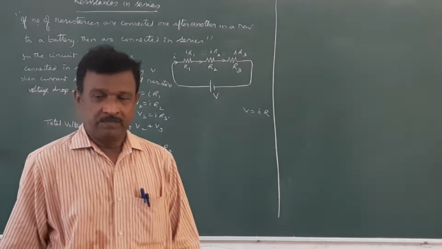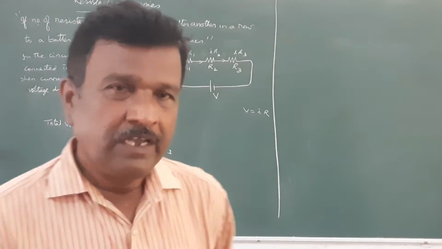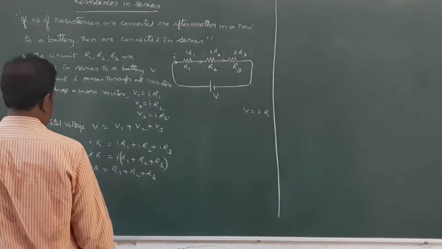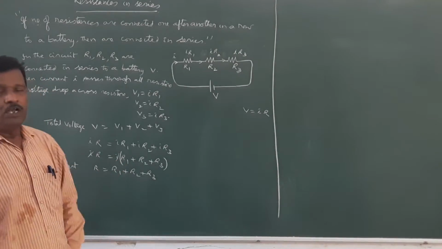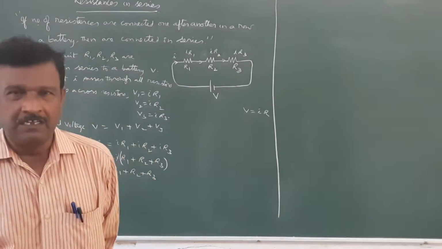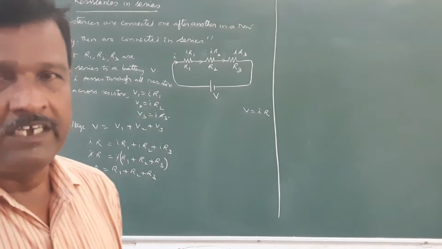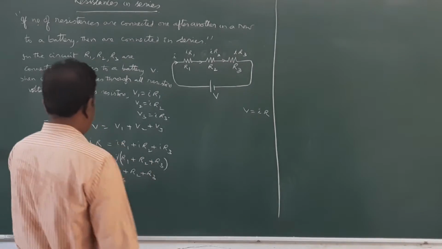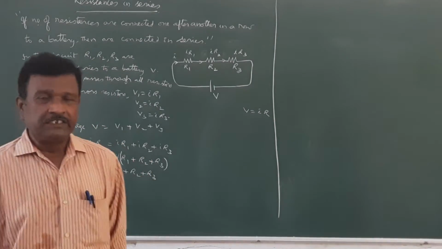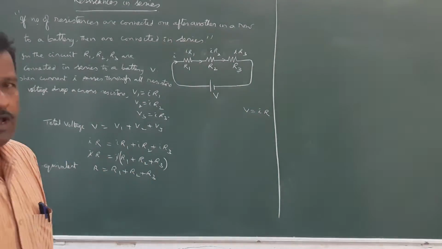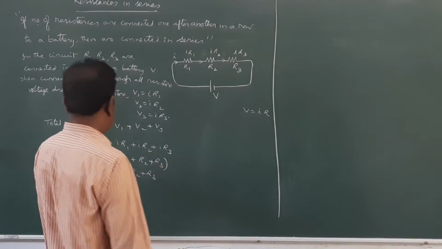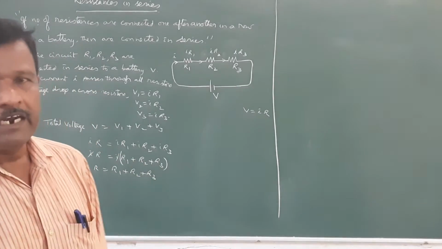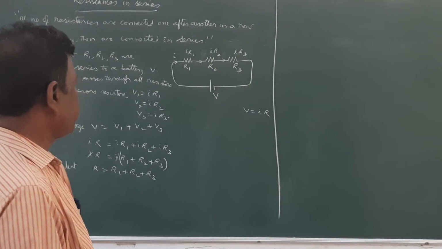Therefore, when resistors are connected in series, the equivalent resistance is equal to the sum of resistances that are connected in series. Therefore, resistance increases when they are connected in series and is equal to the total resistance of all resistors which are connected in series.